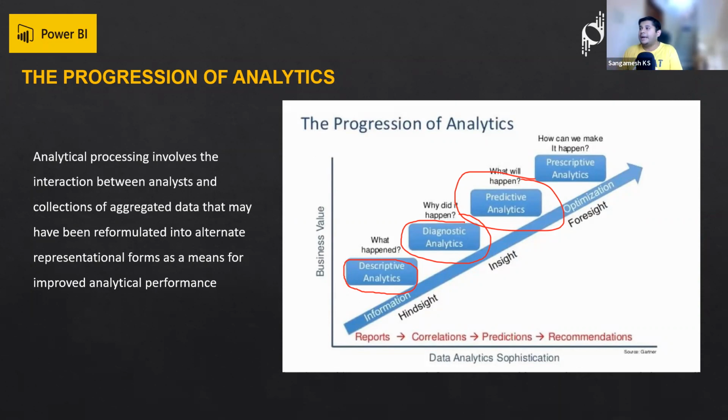Like sales: sales today, in 2022, is something like 1,20,000, and what will my sales be in the month of December or November? That specific thing, forecasting, comes under predictive analysis. There is a huge difference between forecasting and prediction, but normally it has been clubbed along with predictive analytics itself.